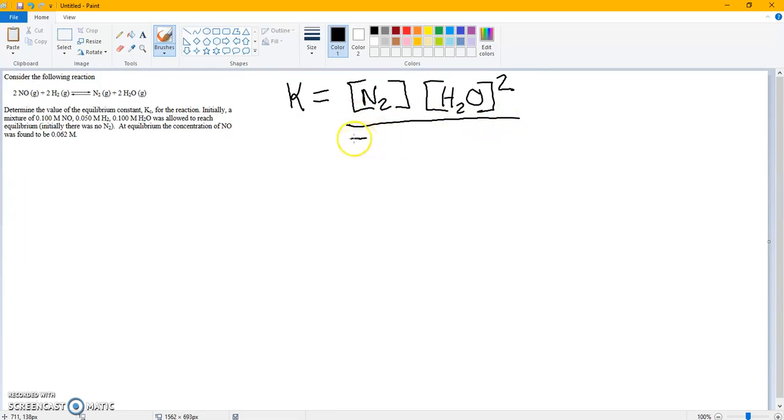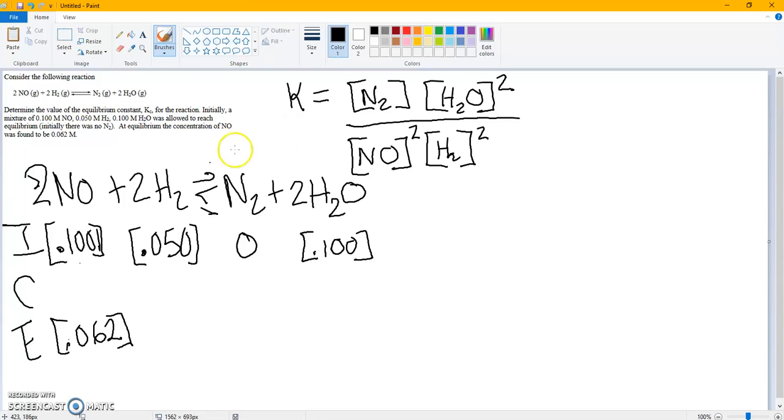Then I need NO, and that needs to be squared too. Then H2, and that's got to be squared too. Alright, so check my work. But that should be the equilibrium expression. Products over reactants. Then, it says initially, and then it says equilibrium. So I'm guessing I'm going to have to make an ice table.